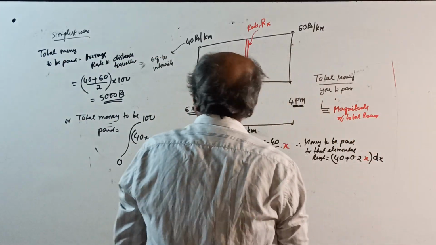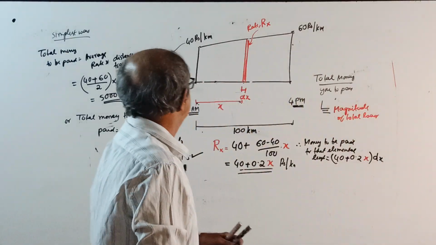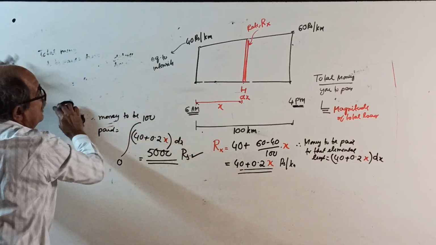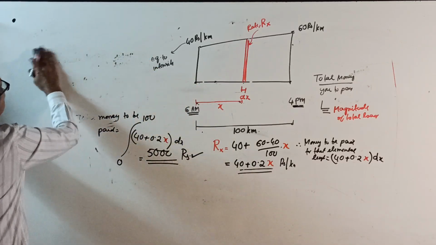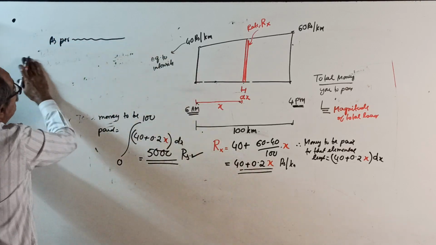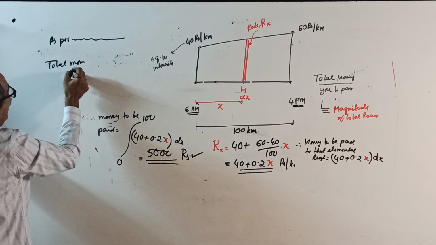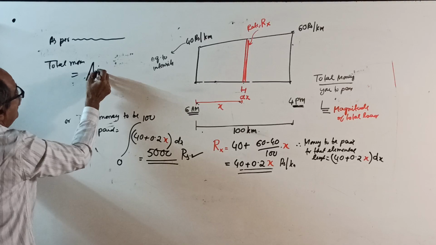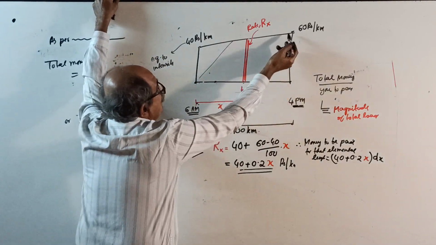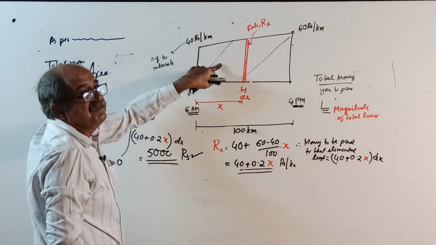Now I will close the class by telling one more point. As per the principle told just now, the total money is also equal to the area of the diagram representing your journey. This is a trapezium.